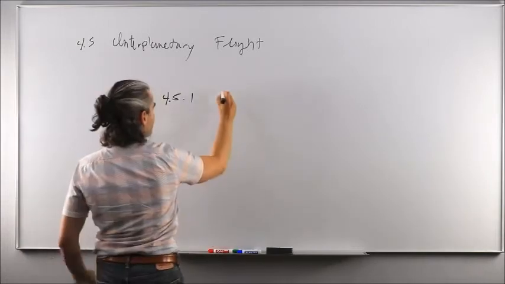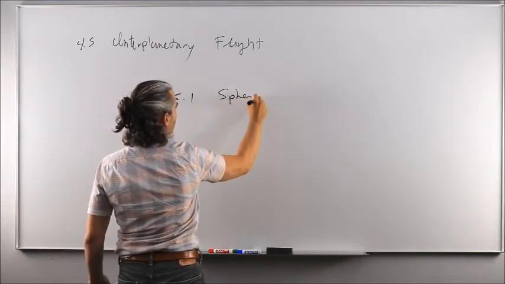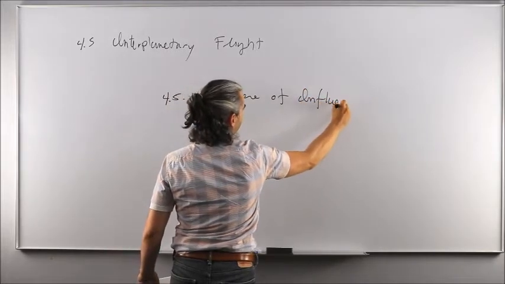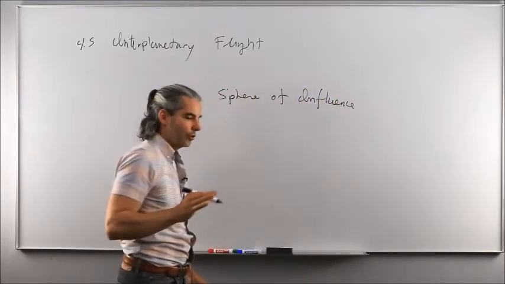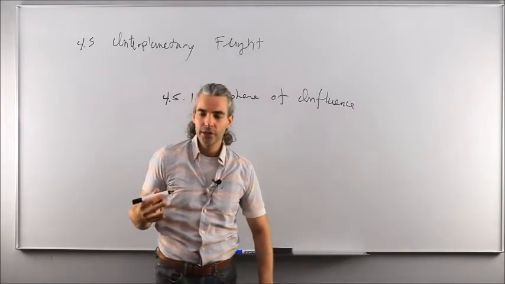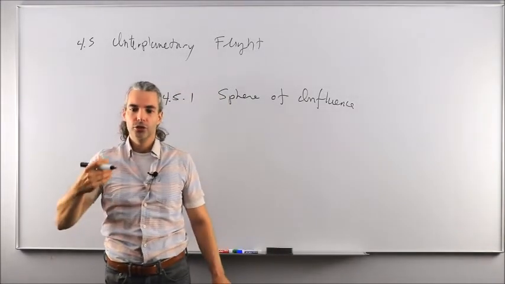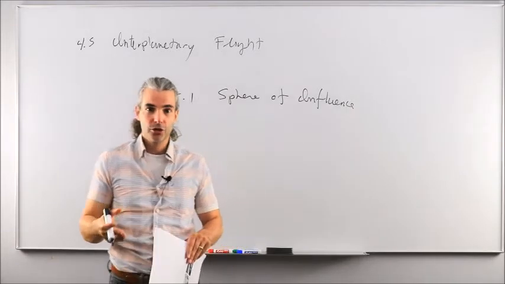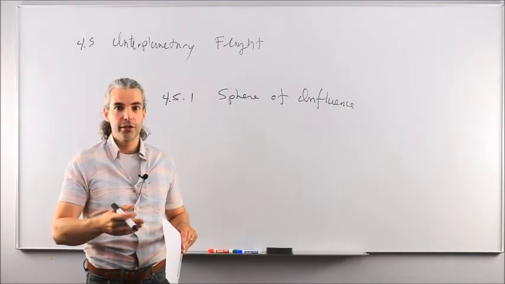Okay. But before we can actually look at the mechanics of going from one planet to another, we have to look at something known as the sphere of influence. Because within the patched conic method I've just described, we need to know when to switch the gravitational influence of the home planet off, and then switch the gravitational influence of the Sun on.